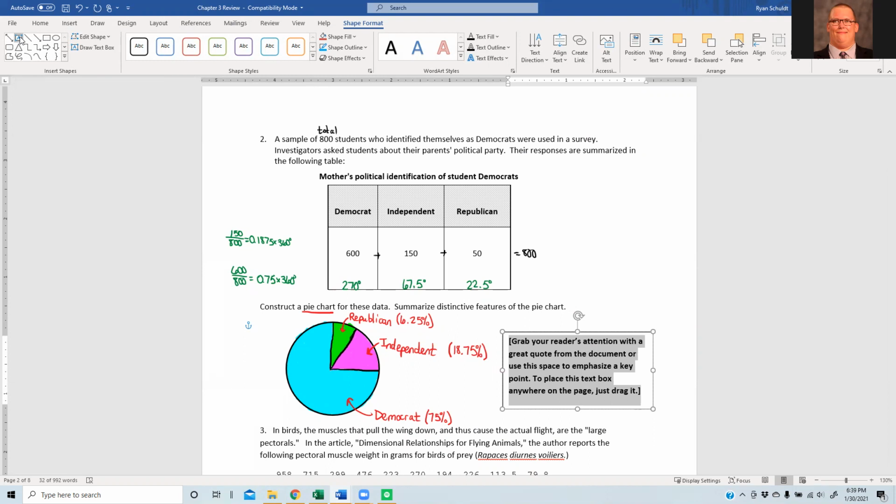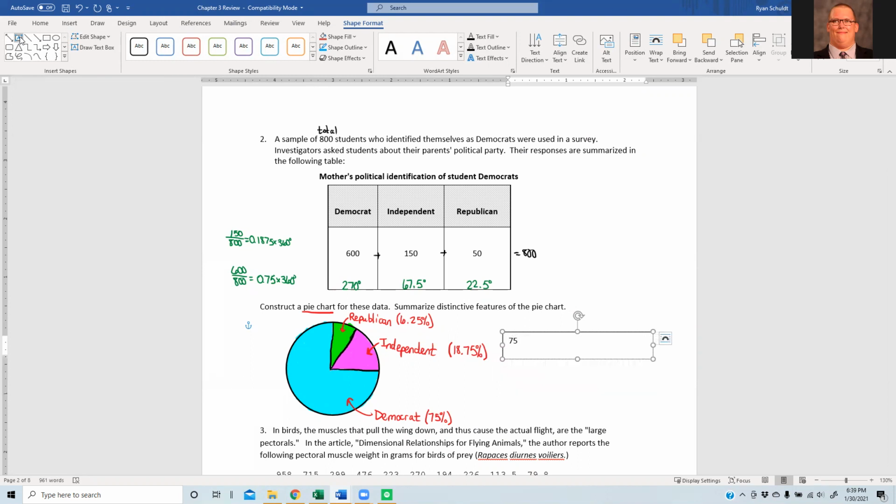Well, there are some distinctive features. We said 75% are Democrats, so 75% of the students who identified themselves as Democrat had a mother.